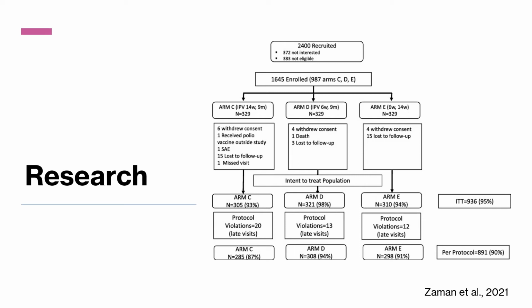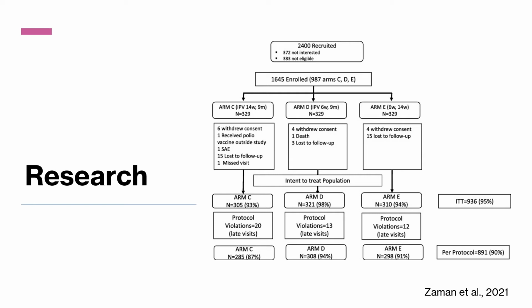The study presented the data for the 3 inactivated poliovirus arms. Arm C received inactivated poliovirus at 14 weeks and 9 months. Arm D received inactivated poliovirus at 6 weeks and 9 months.